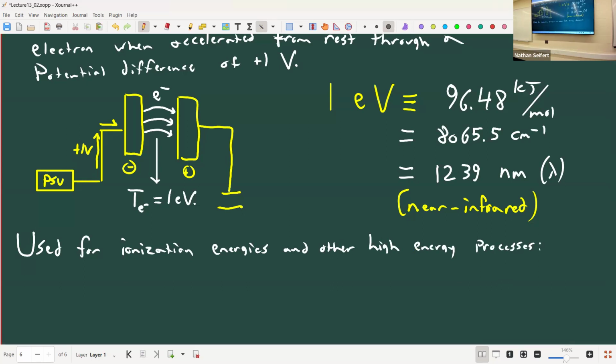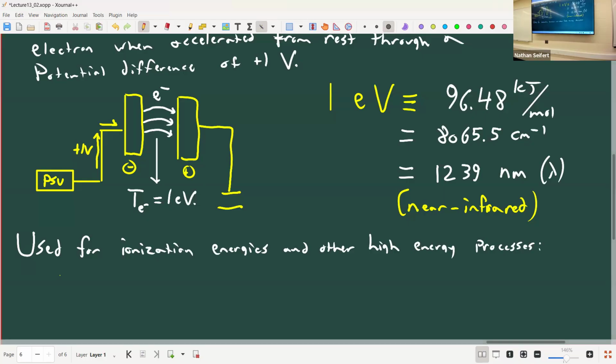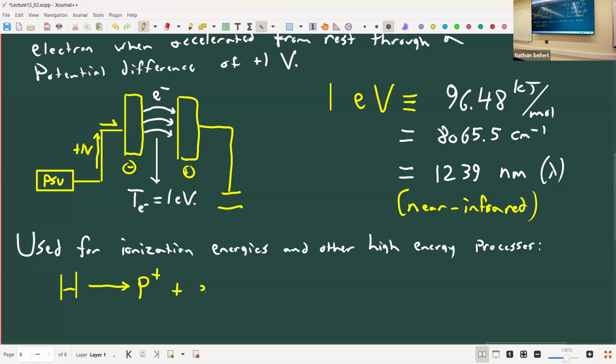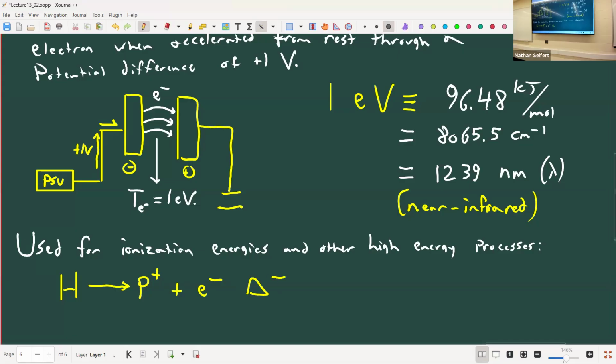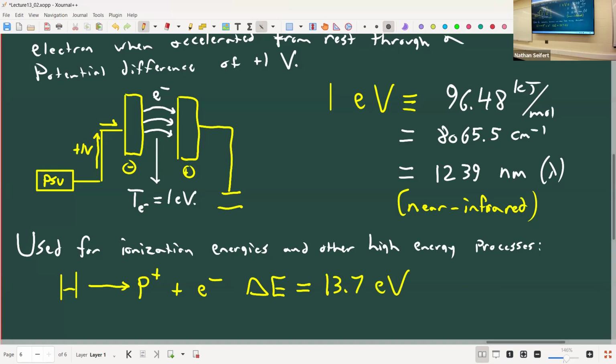A great example, and this is one we're actually going to derive exactly in class when we get back, is if you take hydrogen and break it apart, ionize it into a proton and an electron. This is the ionization energy of hydrogen. This energy is exactly 13.7 eV. This is a number we can solve for exactly. We'll actually be able to calculate this number precisely.